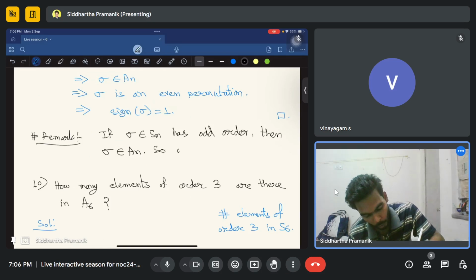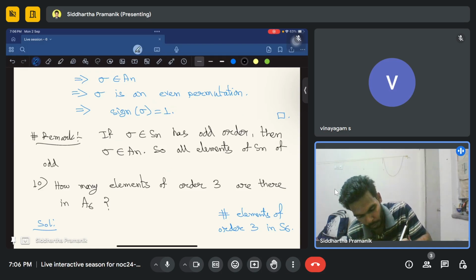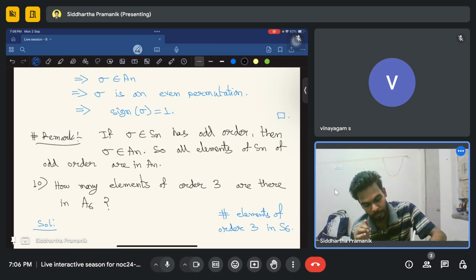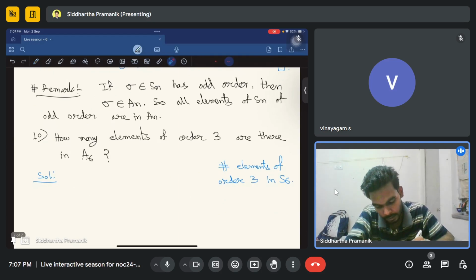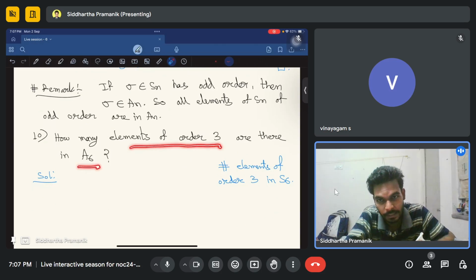All elements of Sn of odd order are actually in An. So here elements of order 3 in A6 are the same as elements of order 3 in S6, right? So we only need to count elements of order 3 in S6.